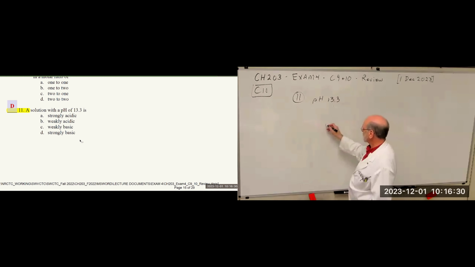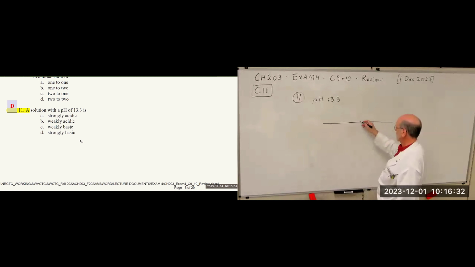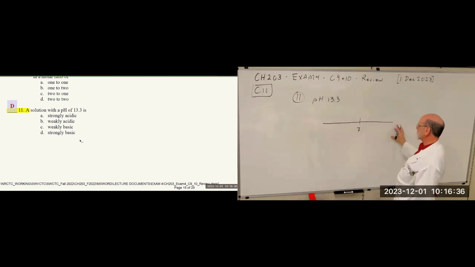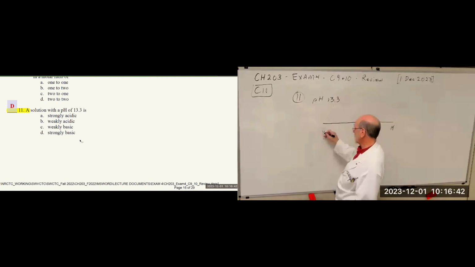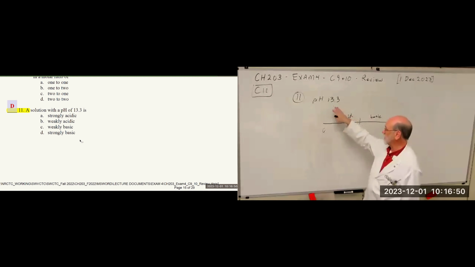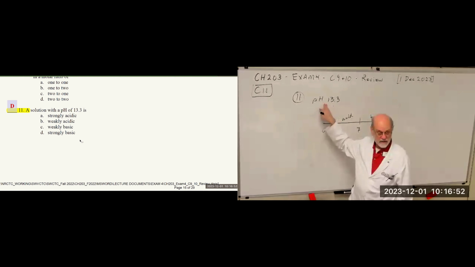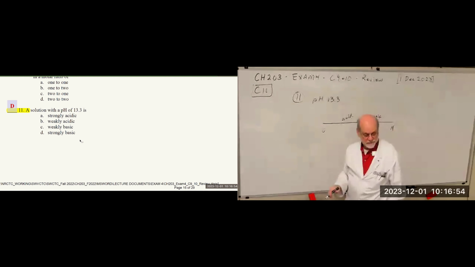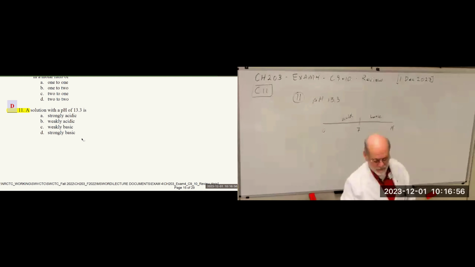So on our scale of pHs, 7 is neutral. We go up to in the neighborhood of 13 to 14, say, and down here we can go actually down to 0. So this is acidic. This is basic. That's very close to 14. It's just a hair under 14. That's strongly basic. So D is the answer to that one.